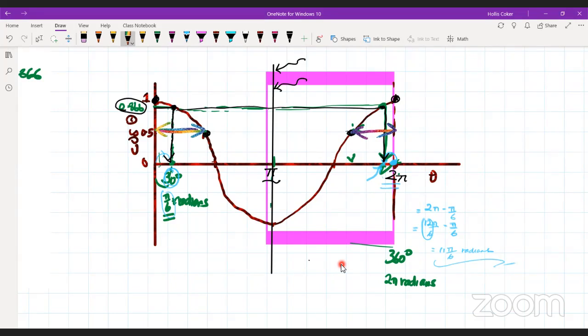So, if I want to know what angle this will fall on, I know this will fall on this point, because I draw a line straight across. I know that this point will fall on that point. I know that this point here will fall on that point when I fold it about the black line. You understand that?